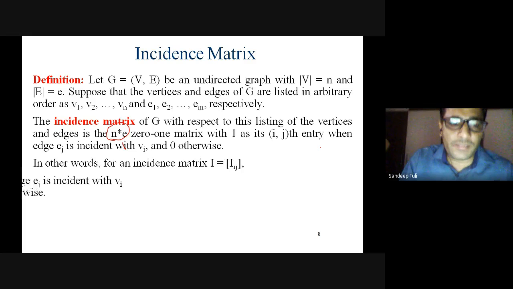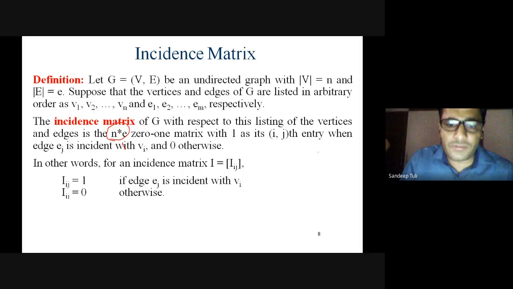Let us see how. Suppose I say that I is the incidence matrix. I of ij will be 1 if the edge ej is incident on the vertex vi. Look at the order only. So ej is incident with vi.